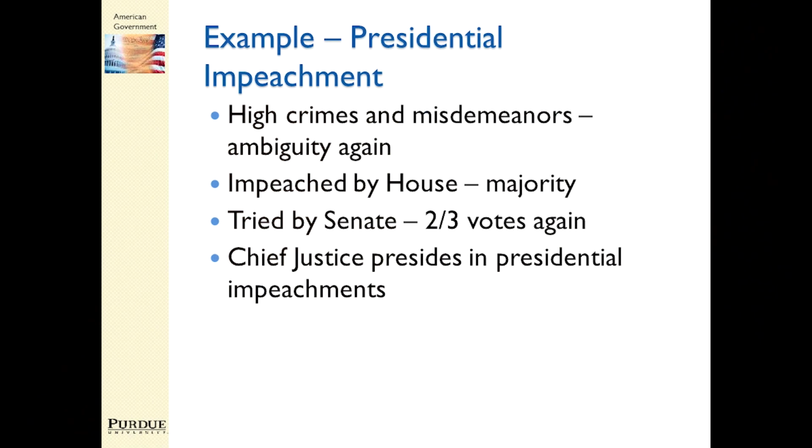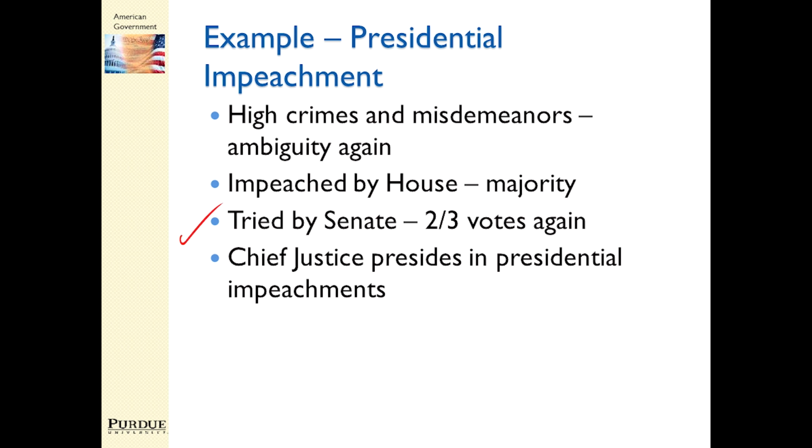Another good example is presidential impeachment. Here, a president can be impeached for high crimes and misdemeanors. But here we see the ambiguity again. What high crimes and misdemeanors are is debated each time there's a presidential impeachment or impeachment of a judge. Presidents can be impeached by the House by a simple majority, as President Clinton was impeached, and then they're tried by the Senate.